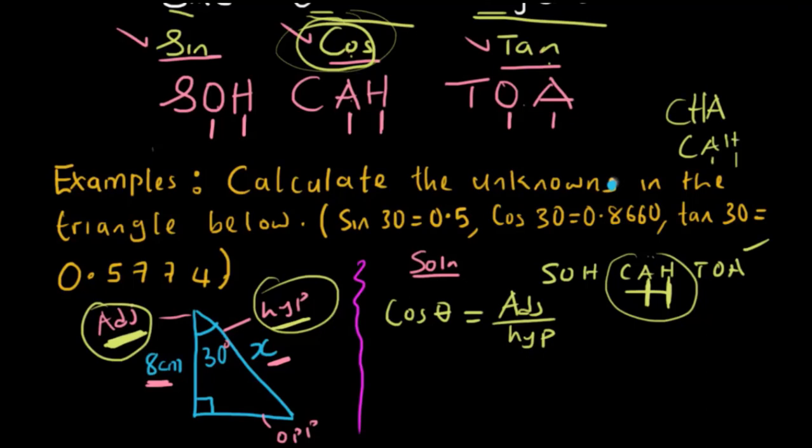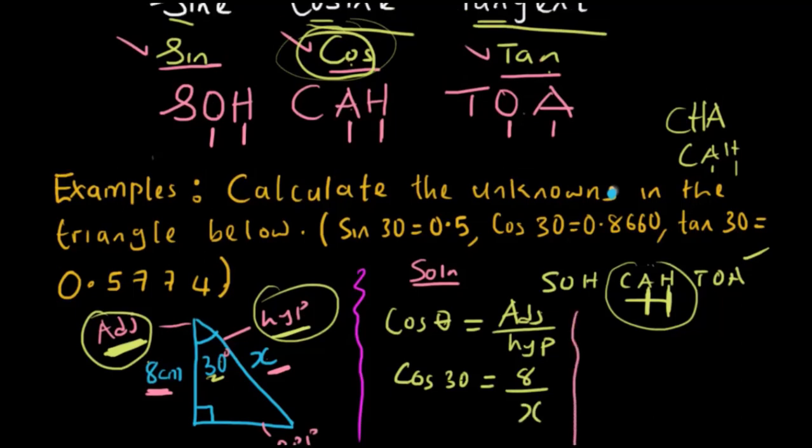Remember, theta is the angle, so we have cos 30 equals adjacent, which is 8, over hypotenuse, which in this case is x. We're given cos 30 as 0.8660, so we slot it in.